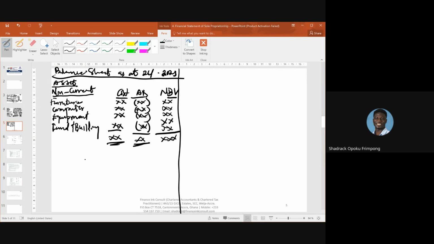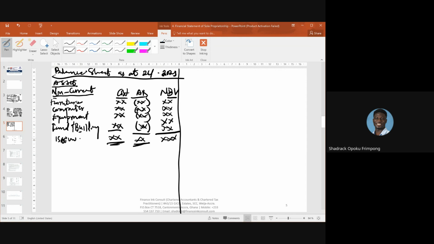You may have that of the intangible, like the software and the goodwill and all those stuff. Also, be guided that anytime they give you land and building, land is not depreciated. So make sure you only depreciate the building component. Example, the examiner will give you land and building and tell you that the cost of land and building is 150,000.